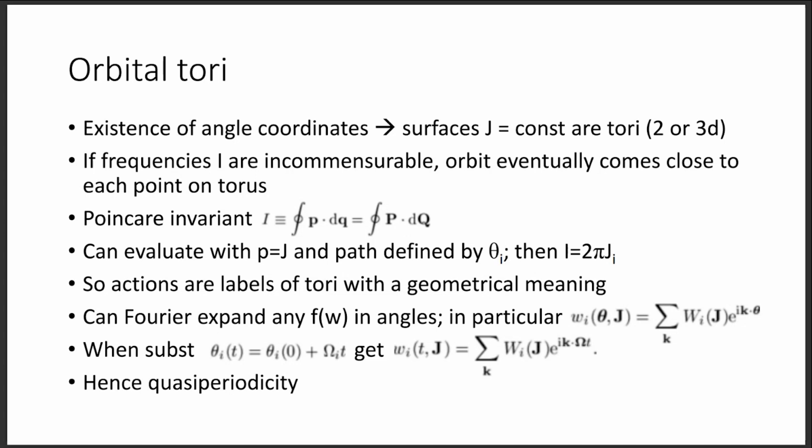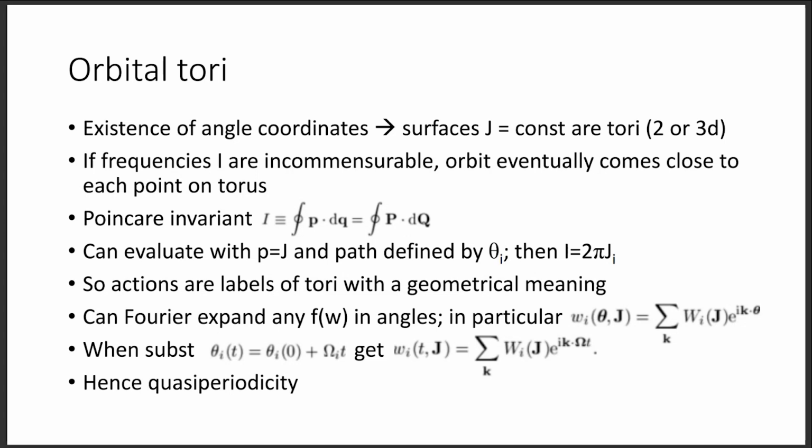Now, this is very important. Any function f of the angles, any function on phase space, can be Fourier expanded in the angles. In other words, because we've established that theta and J are coordinates, we can write any function on phase space as some coefficients that obviously depend on which torus we're expanding on, times e to the i k dot theta, where k is a three-dimensional vector with integer components. This is just saying that f is a periodic function of the angles, and therefore, when you Fourier expand it, you get discrete frequencies.